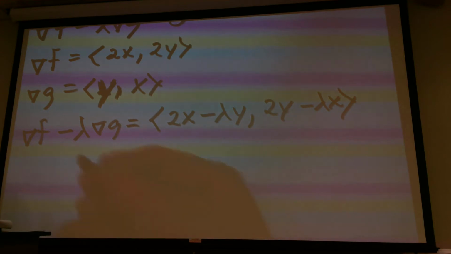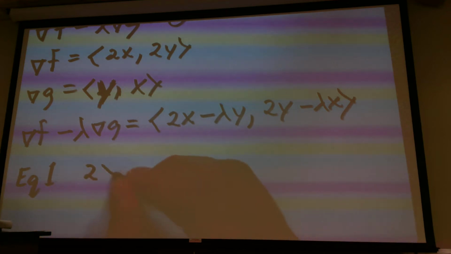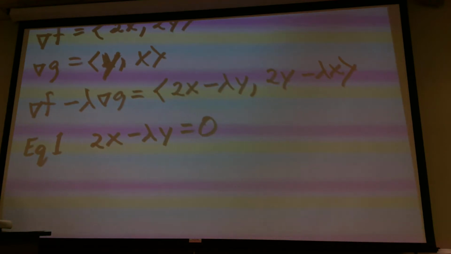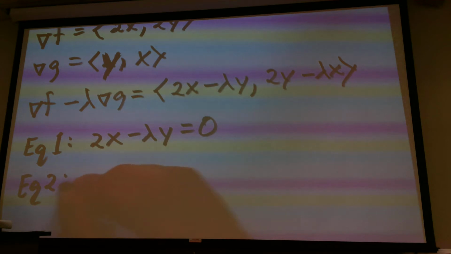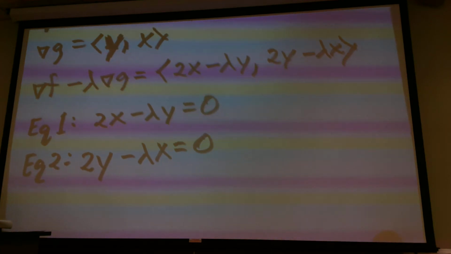So this leads us to equation 1, which is 2x minus lambda y equals 0. Then we have equation 2, that's 2y minus lambda x equals 0.